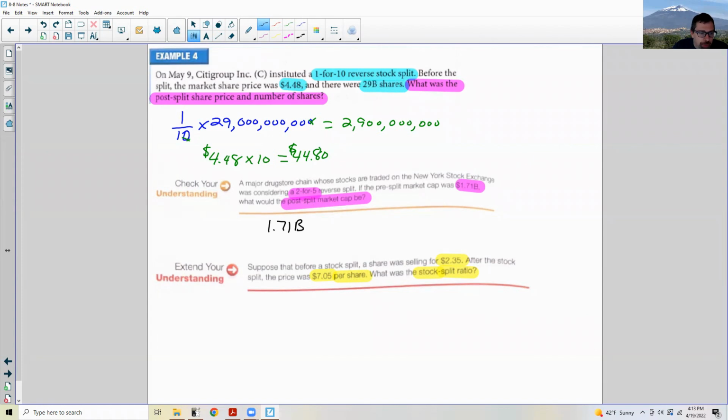Okay, so we're going to use that one. So let me write that. Post-split share price equals the ratio times the pre-split share price.